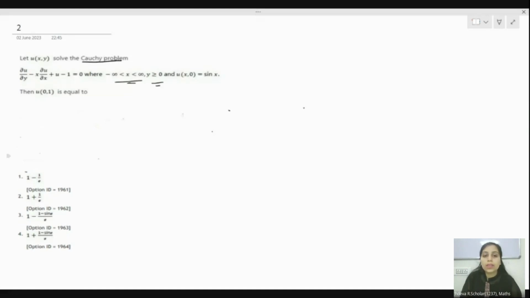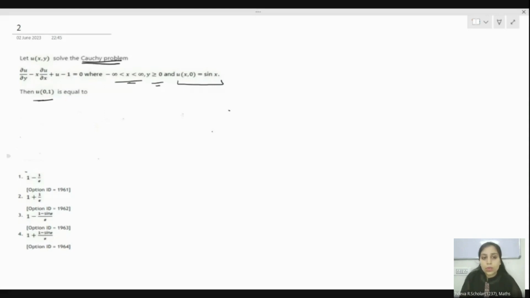We also have been given one more condition, u(x,0) = sin x, and we are to find the value of u(0,1). The options are 1 - 1/e, 1 + 1/e, 1 - (1 - sin e)/e, 1 + (1 - sin e)/e. Obviously, there will be one out of these four. All are different here.